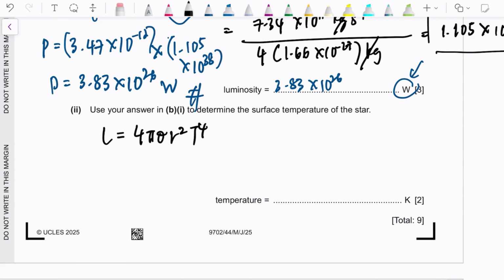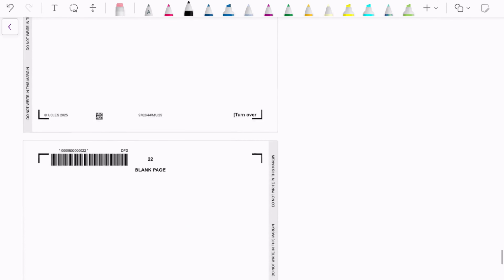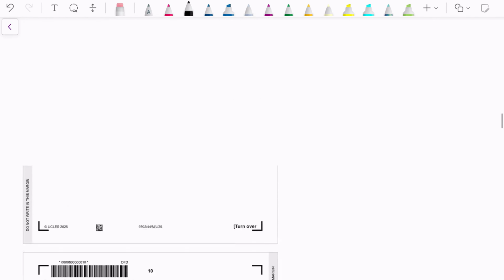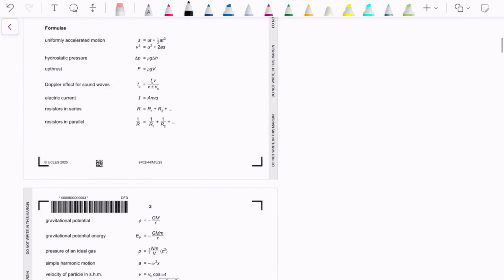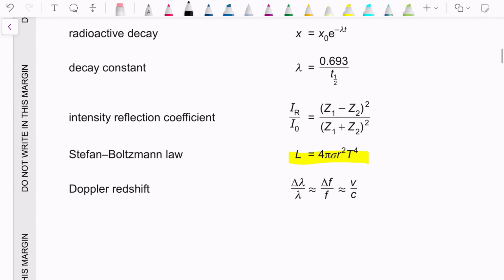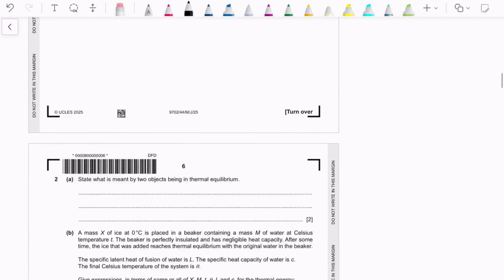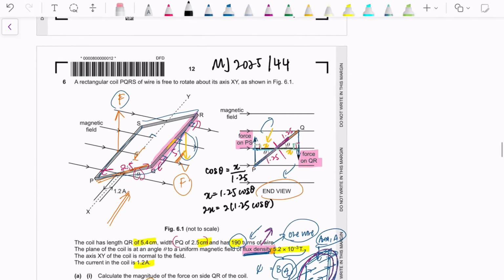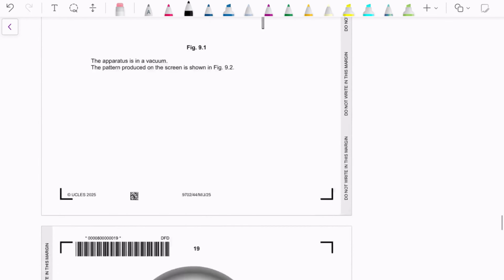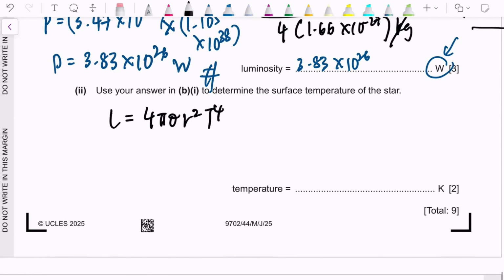Is this formula given? Yes, it is given. It's the Stefan-Boltzmann law, so you don't have to memorize it. But usually when you do a lot of questions, because you have the habit of writing the formula, you will somehow remember it.